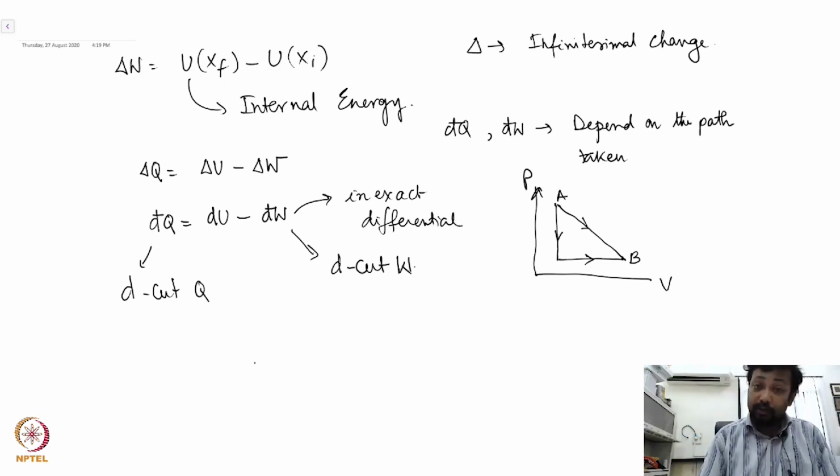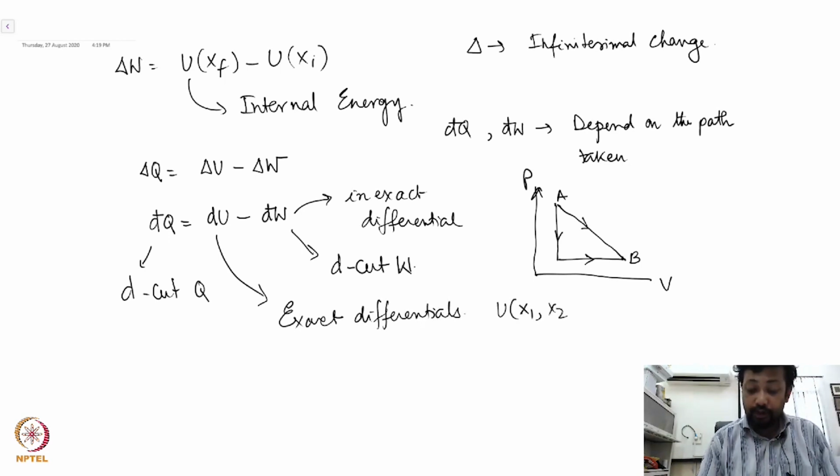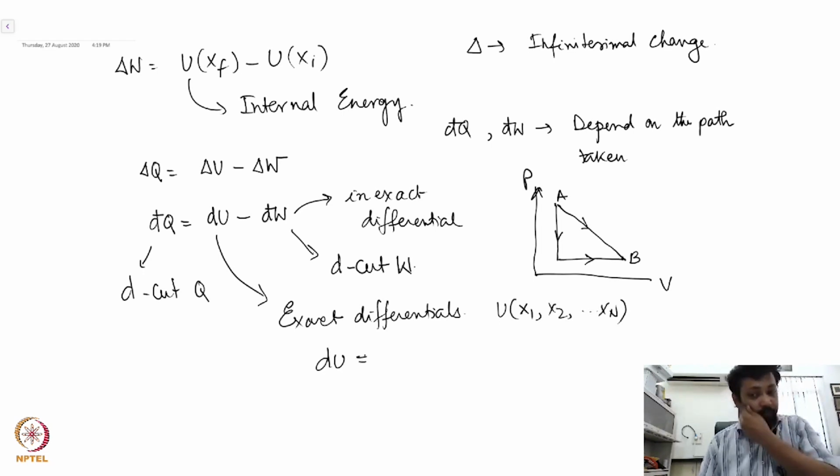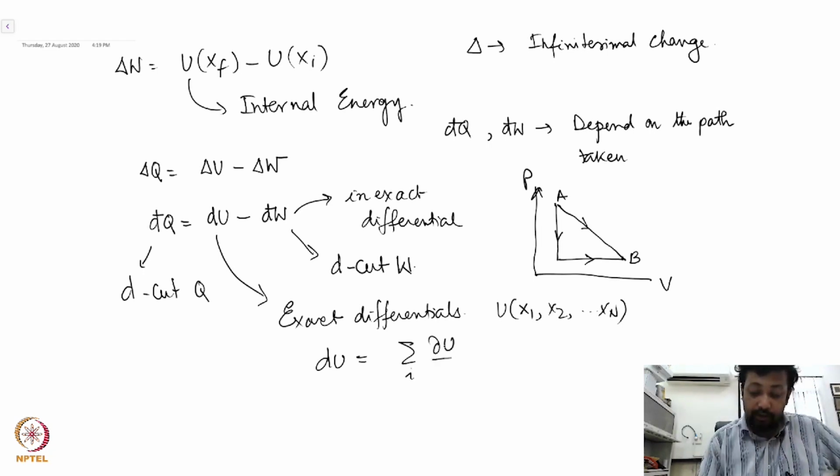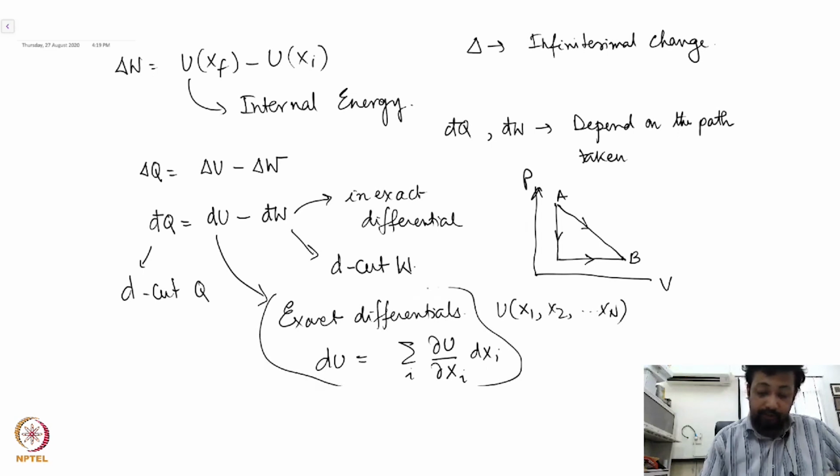Quantities which are not path dependent, such as the internal energy, are called exact differentials, which essentially means that if U was a function of x1, x2 all the way up to xn, then I can write down the infinitesimal change dU as the sum over i of ∂U/∂xi dxi. This is for an exact differential.